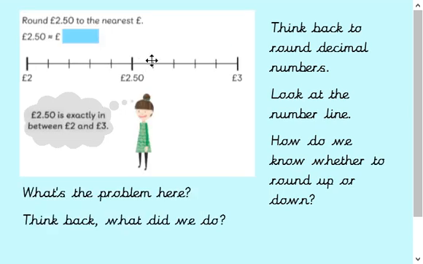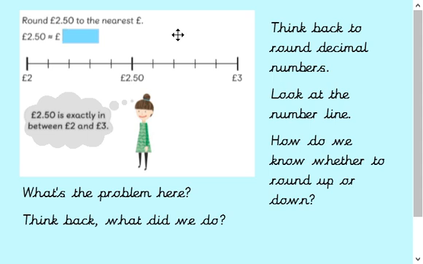The final example I want to look at with you is £2.50. If we wanted to round £2.50 to the nearest pound, what would we need to do? First job, as always, think to yourself, what whole numbers does £2.50 come between? And in this case, it comes between £2 and £3.